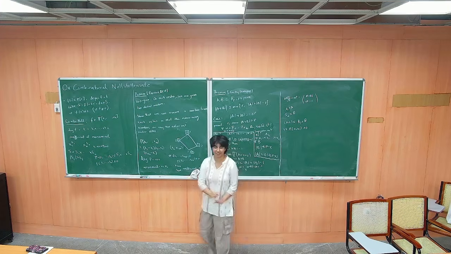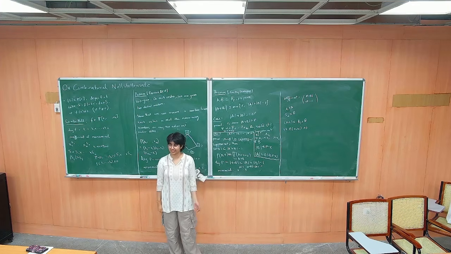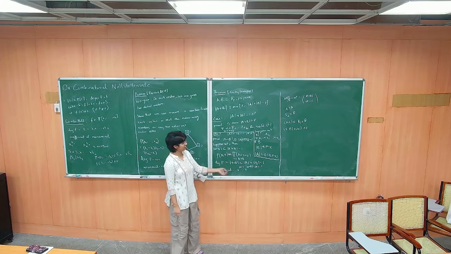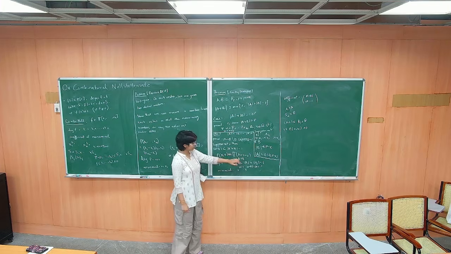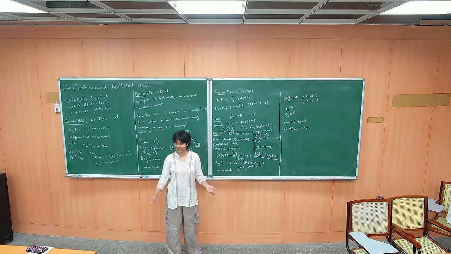You will see a contradiction. This is a contradiction because I have constructed my polynomial in a way that it will be 0 at points which are in A plus B.